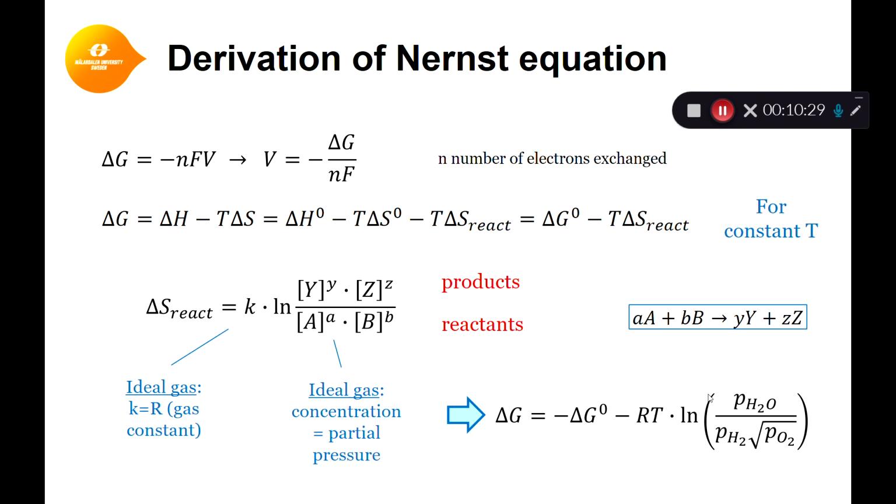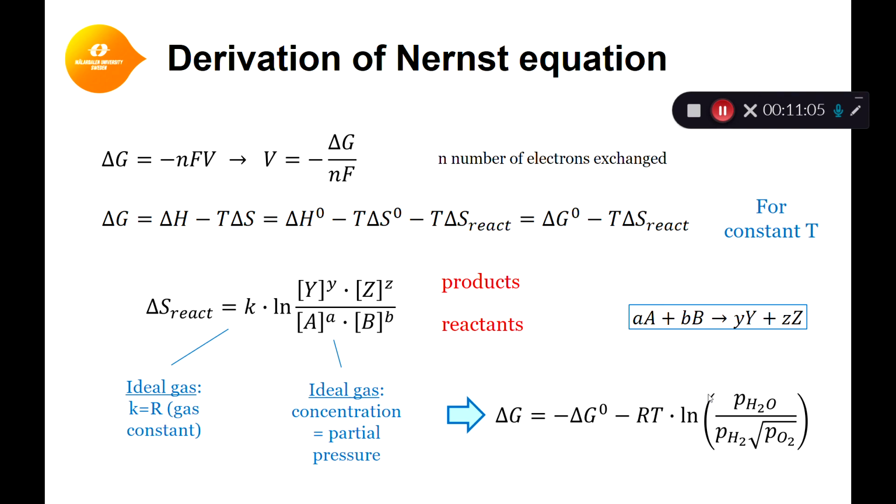chemistry notions. The Gibbs free energy variation for a reaction at a given temperature and pressure is a function of enthalpy and entropy. So we can define it for a constant temperature as the Gibbs free energy variation at standard condition minus a term that is a function of temperature and reaction entropy generation. And the entropy of the reaction is described by this formula in this slide.